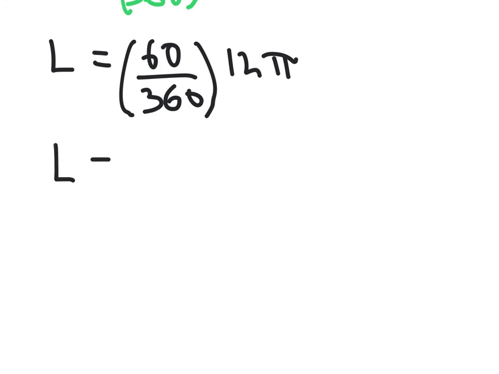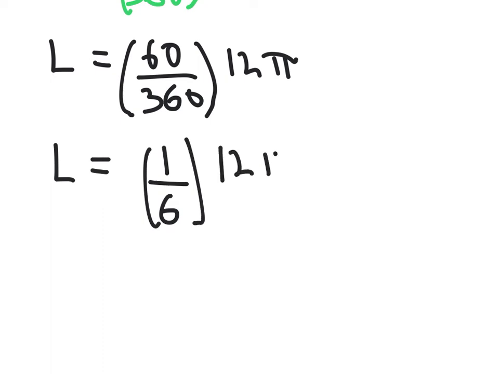So we actually just have a sixth of our circle there, which is equal to 1 out of 6 times 12 pi. Now if we think about that, we have a sixth of 12 pi, so 12 over 6, that's going to simplify to 2. So we end up with our arc length being exactly equal to 2 pi. So that would be the exact amount for our arc length.